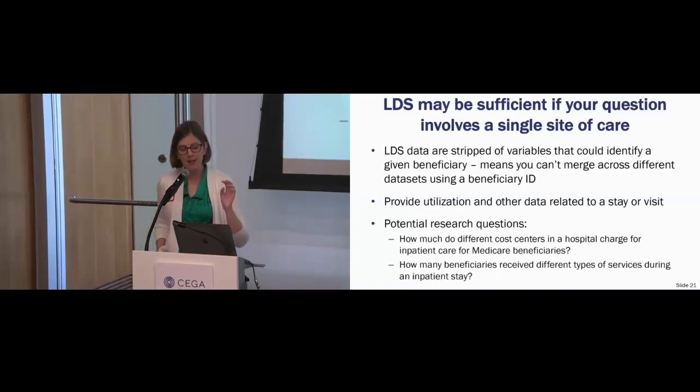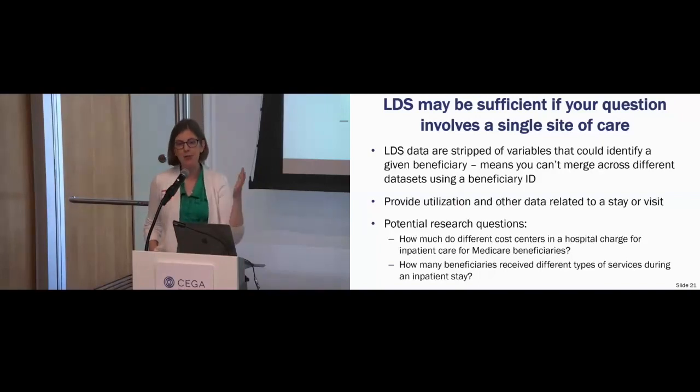Because the LDS data are stripped of any variables that could enable you to identify a given beneficiary. So you have information, this beneficiary stayed in this hospital on these dates, and this was their diagnosis, and here were the costs and so on. But you don't know that it was beneficiary A, which means you can't take beneficiary A and then go see if after they were discharged from the hospital, whether they had a Part D drug dispensed to them.